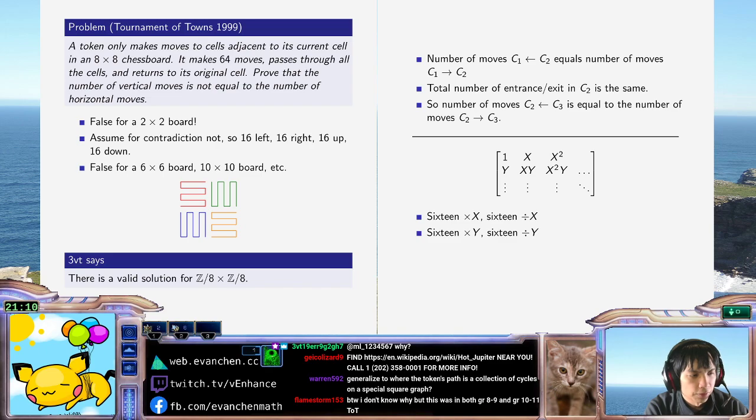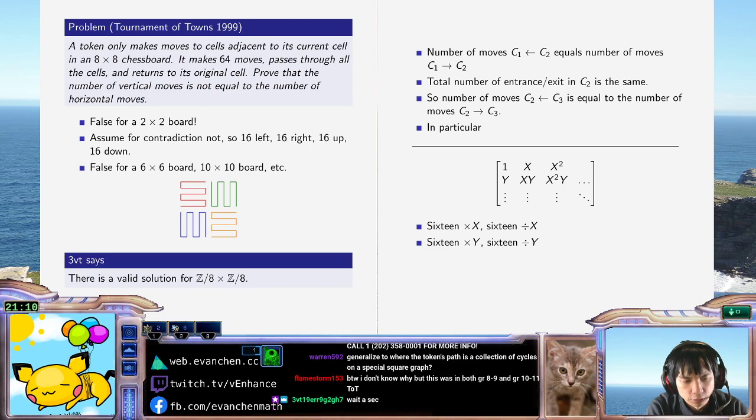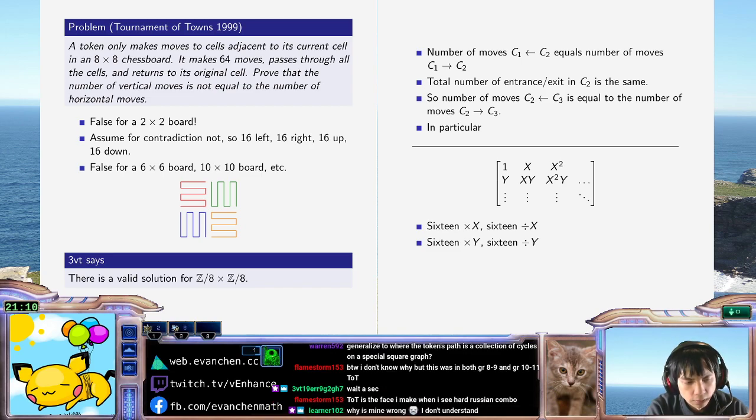I mean, for example, in particular, within each column, the number of horizontal moves equals the number of vertical moves is even, or something like that.